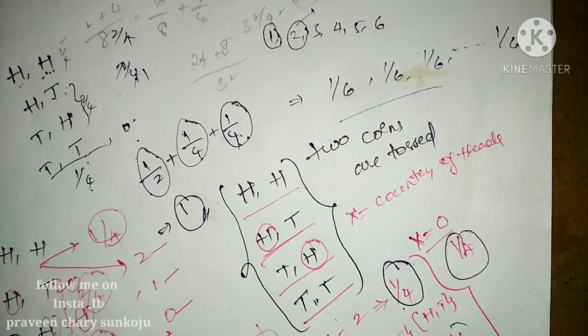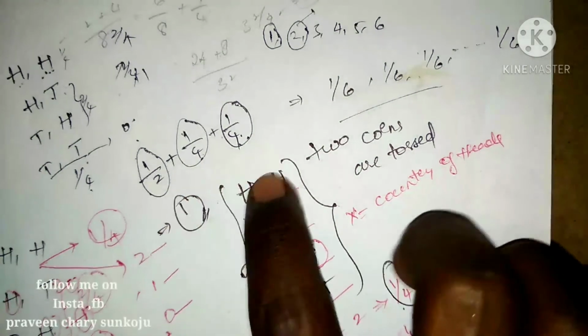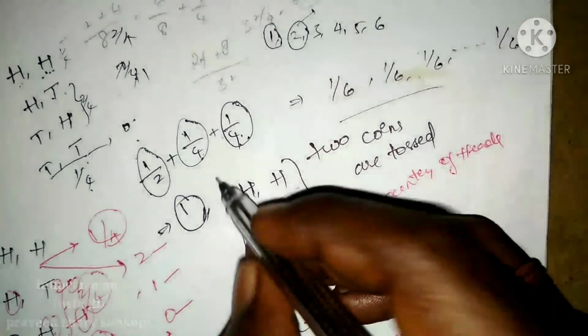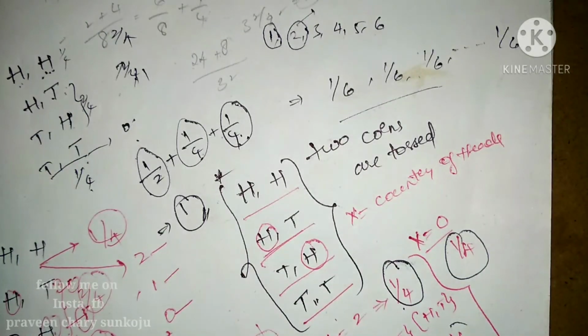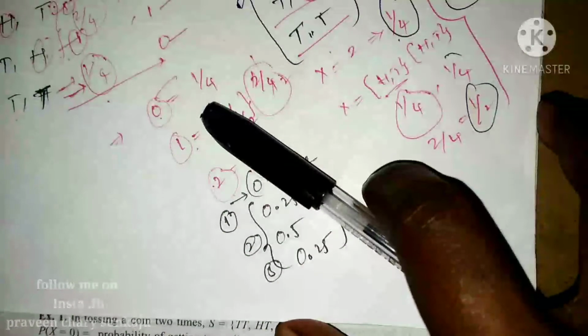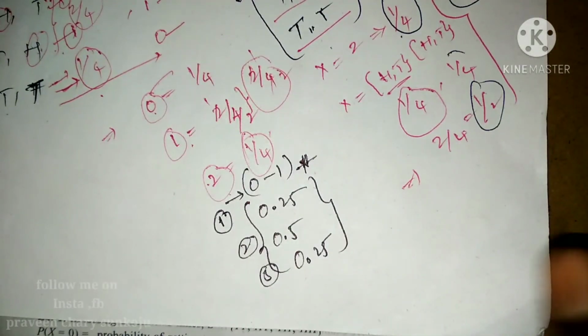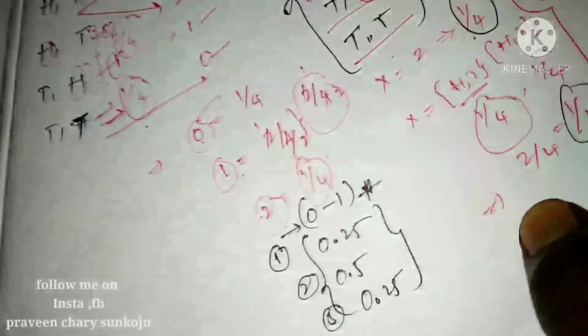This is also proven. The summation of all the probabilities of the values of the random variable x equal to 0, 1, 2 is going to be 1. This is our second property, and this is our first property. We have proven it.